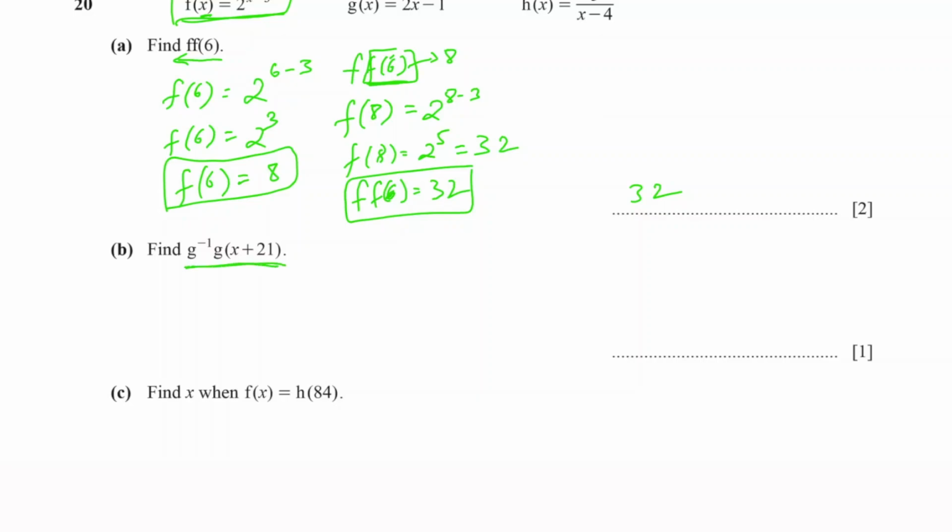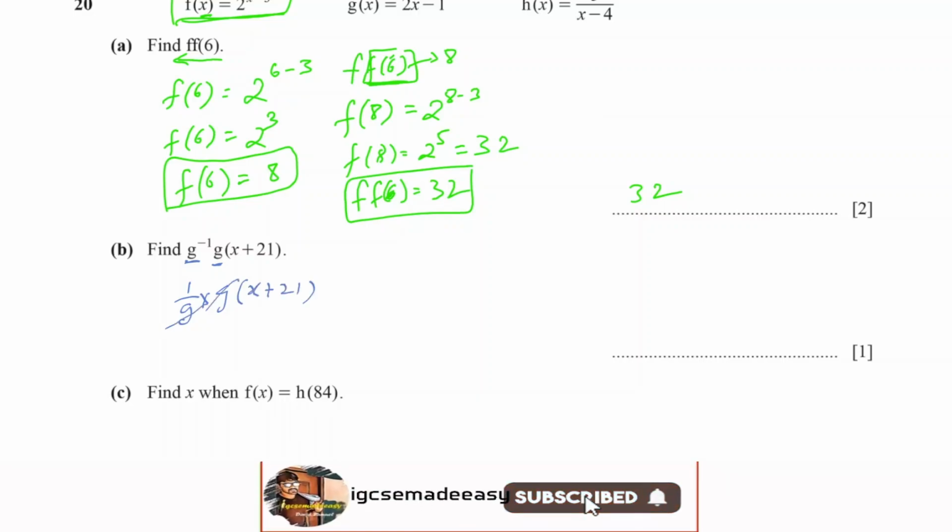So here they are asking, find g inverse of g of x plus 21. So you should know that inverse means, if I write x, the inverse of x is 1 by x, right? Or I can also write this 1 by x as x raised to power negative 1. So same way, g inverse is written as 1 by g, and this is already g there.